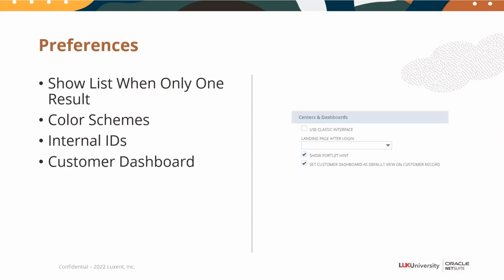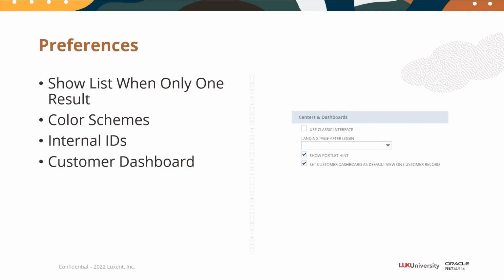And then another one is the customer dashboard preference. This is where you can always be taken to a customer's dashboard page instead of their entity page. The entity page is where you would usually keep the customer information, their address, all of the information about the customer.